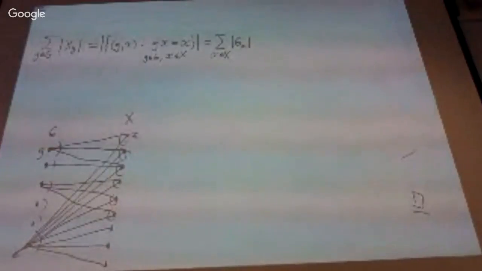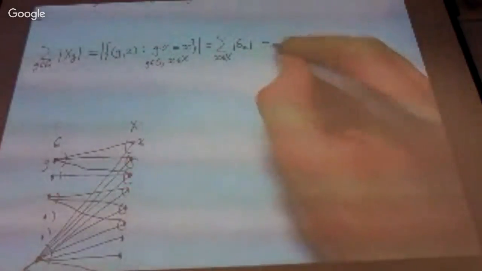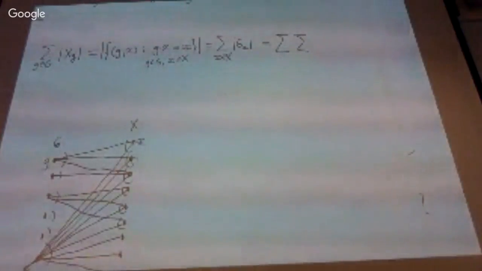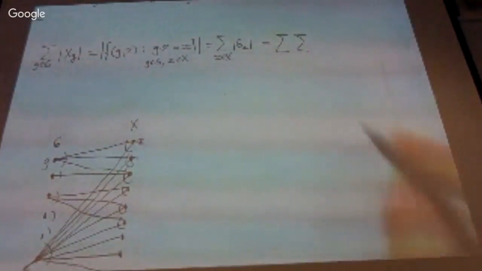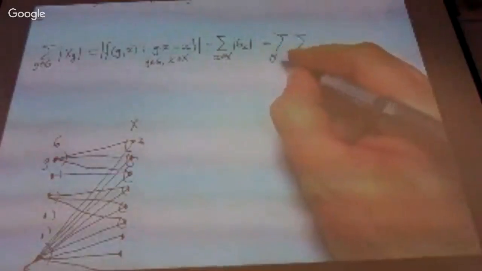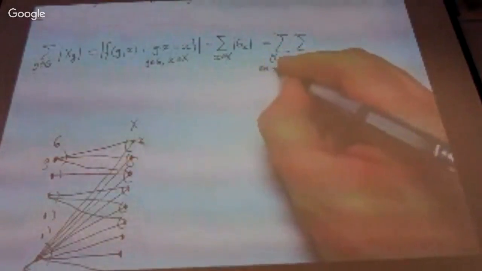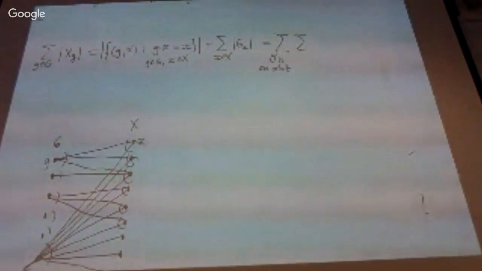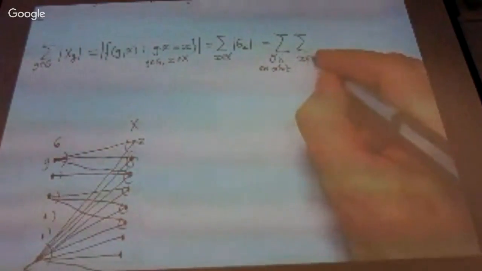That's simple. Now, this sum, you can split it into a double sum. The first sum goes through all orbits O, and this one goes through x in that orbit.